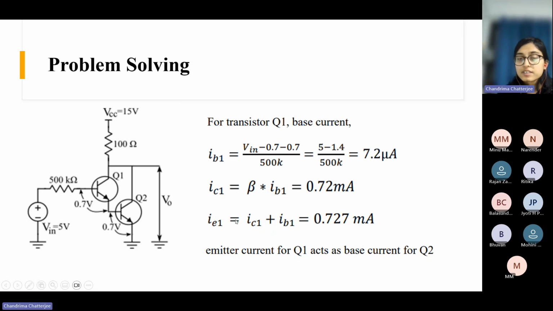The emitter current is the summation of collector and base current, so this is 0.727 milliampere. This emitter current is basically the base current of Q2. This is basically a Darlington pair, where the emitter of one transistor is connected to the base of another transistor. IE1 is the base current of Q2, and IE1 is 0.727 milliampere.